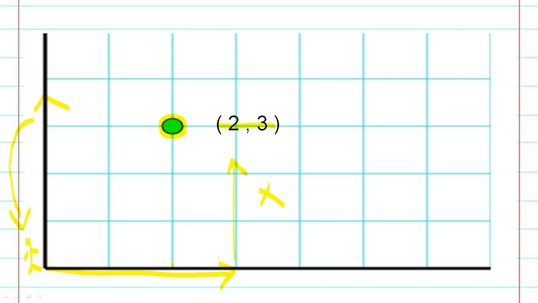Where is it? I have to stop here because this point will be there. So how much? Look, it's 2. 1, 2. I'm not using the hopping method. You don't use it. You have to locate the points.